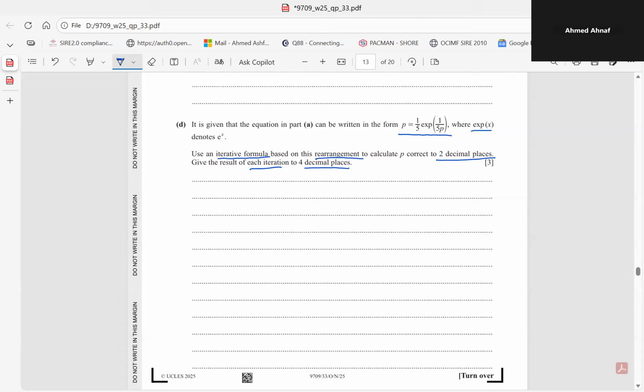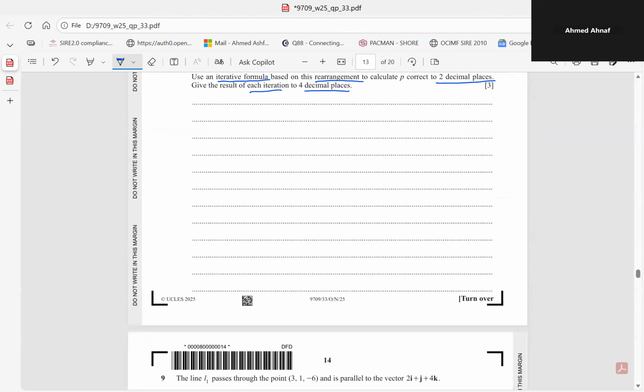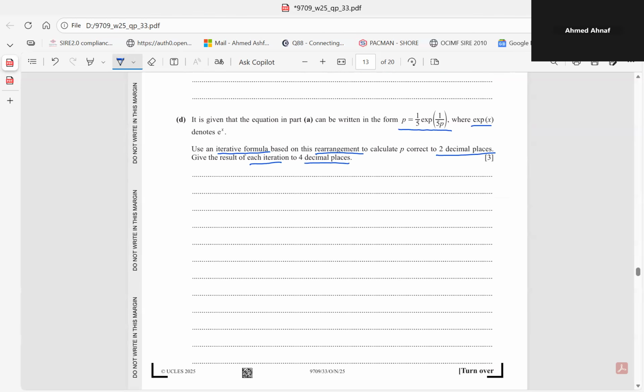From this rearrangement, it should be pretty obvious what our iterative formula should be. It should be P subscript n plus 1 equals 1 over 5 e to the power of 1 over 5 pn.